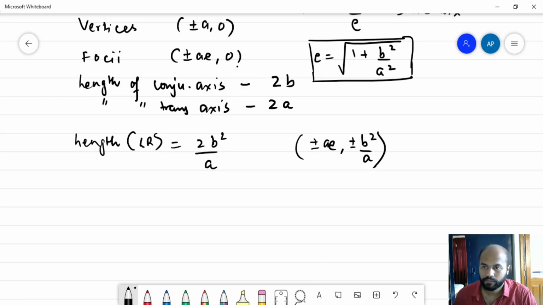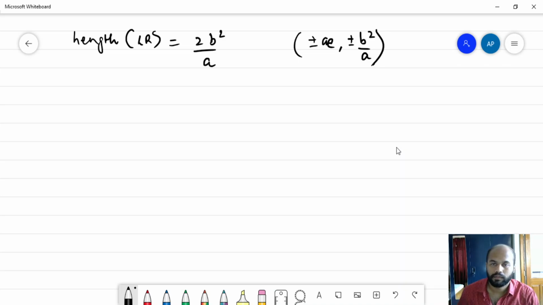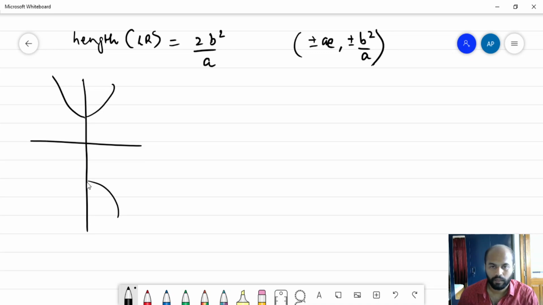Let's have a quick look at the other kind of hyperbola as well. The other hyperbola is called the conjugate hyperbola. And it would be something like this. These are the directrices.